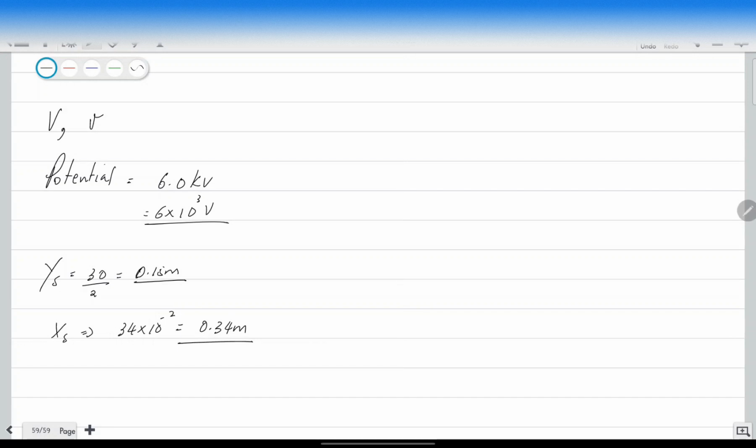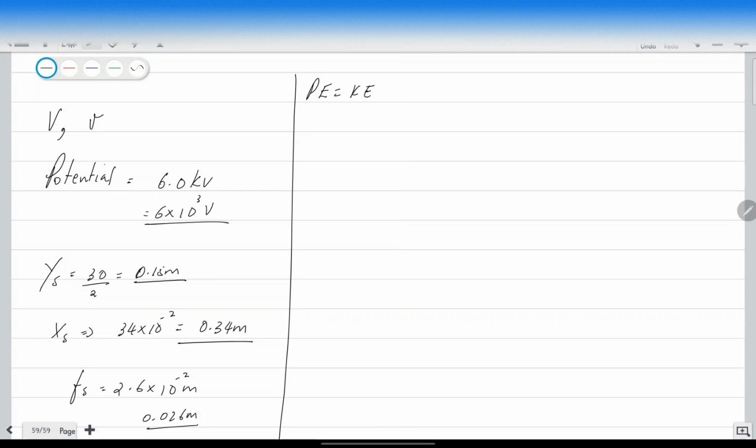Okay, that means that since the force deflection plates, delta xf, is given as 2.6 into 10 to the power minus 2 meters, I'm using the same units for consistency. You can take that as 0.026 meters.